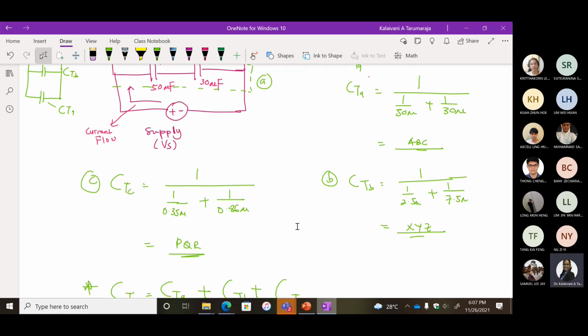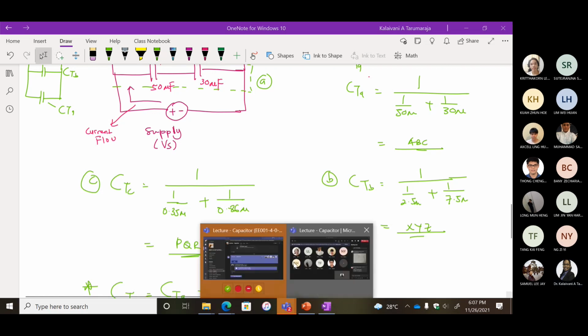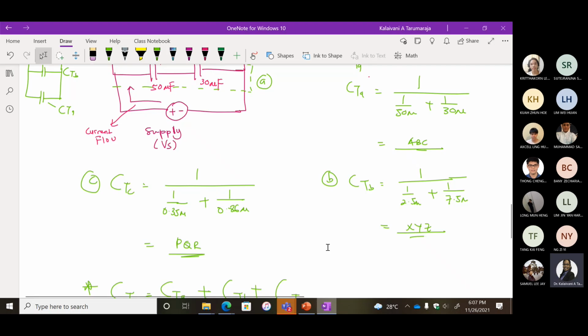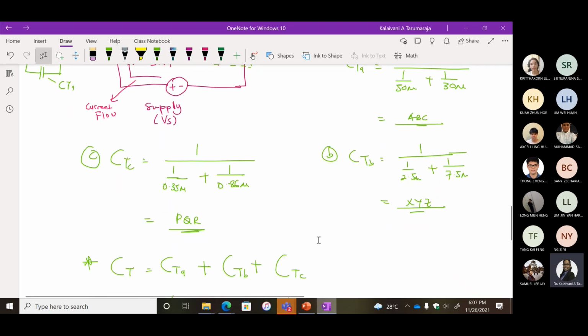Is the total parallel the total answer? Okay, since it's going to be 610. Okay, only one student responded. Only Tong responded. How about the others? Are you able to get your value?